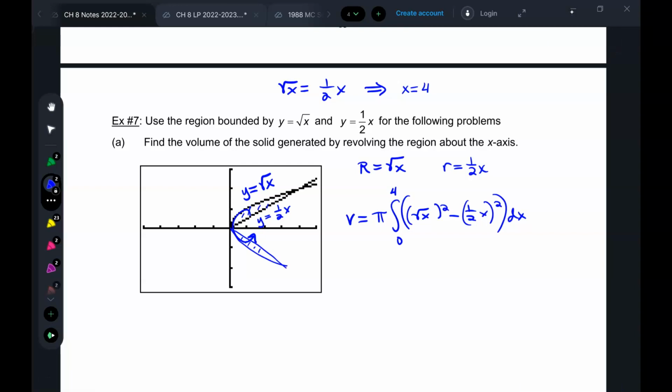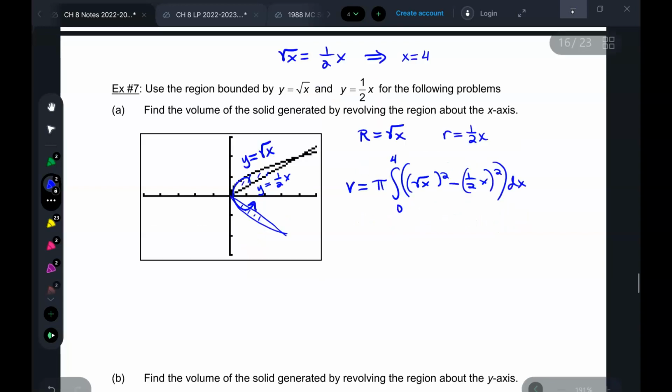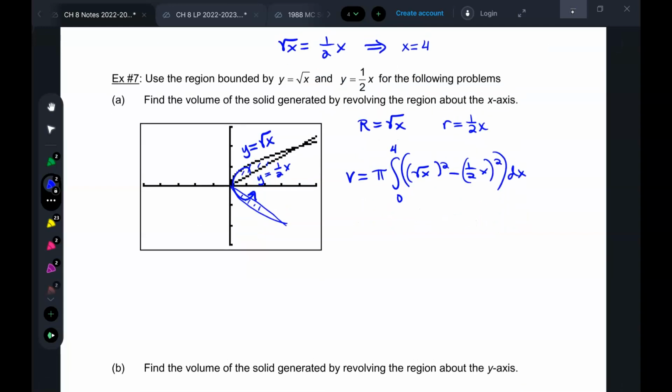Sure, use a calculator. You could do this one by hand. This one also was pretty easy. Don't you think? Sometimes it's easier just to do it by hand. Oh, the one that's further away from the axis of rotation.